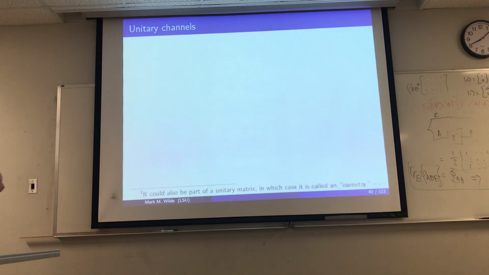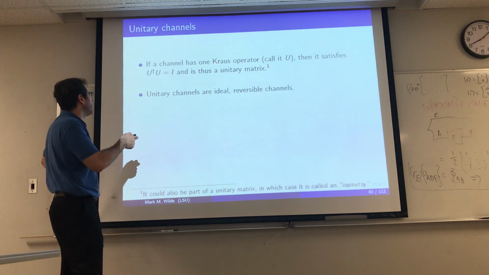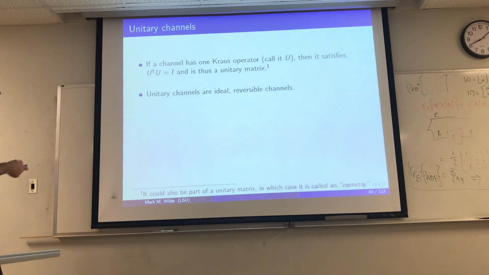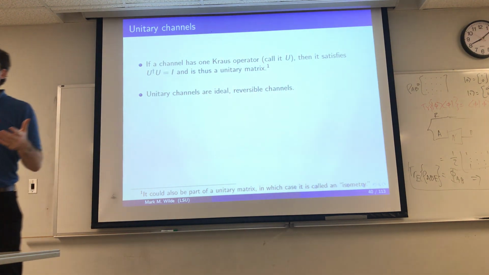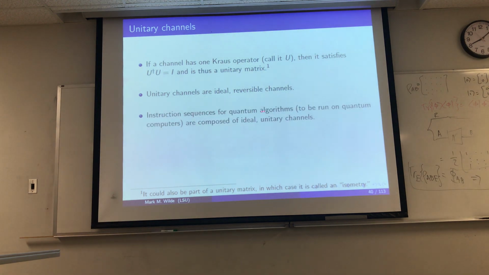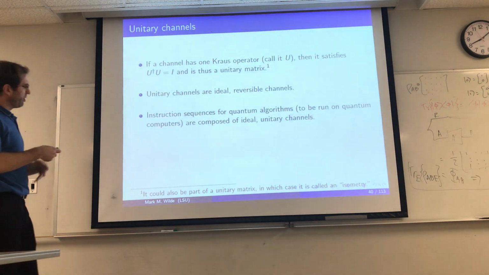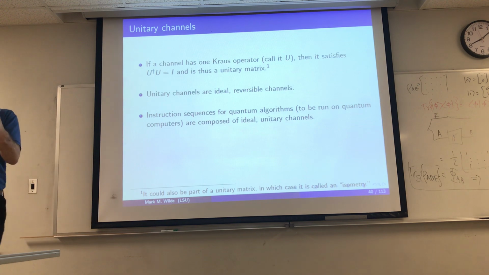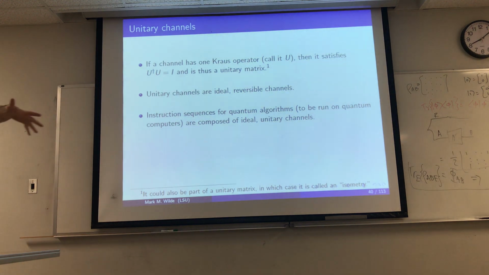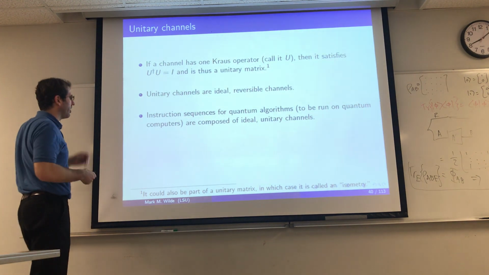So you start with that. Okay. We talked about unitary channels. If there's just one Kraus operator, then it's a unitary matrix. These are the ideal reversible channels that you want to implement in your quantum computation. If you're doing some quantum algorithm, it's some sequence of instructions that says do this gate, do this logic gate, and you're trying to realize unitary channels.